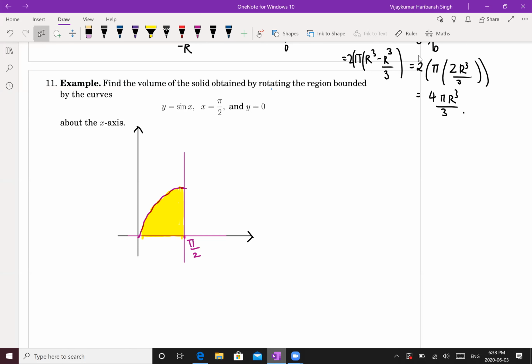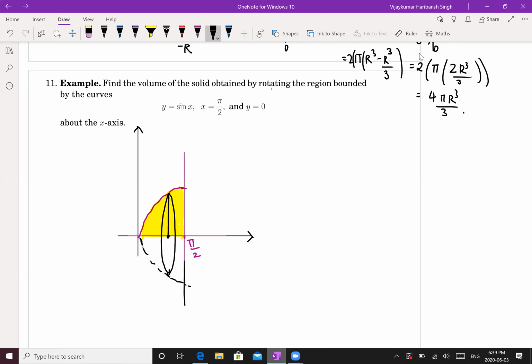So I'll draw the shape. So on top of x, if you draw, you will get a semicircle, right? So what you need to do is you get a circle, and you need to find out the radius of the circle.